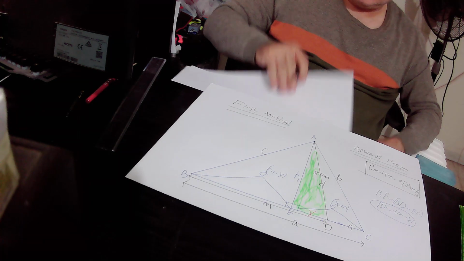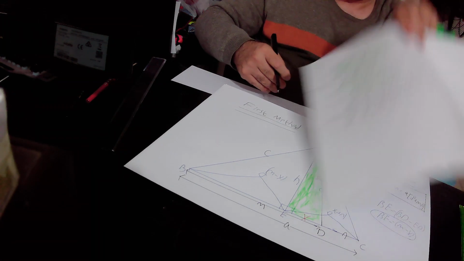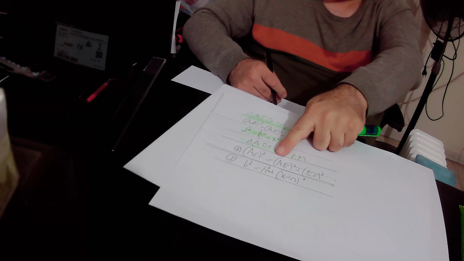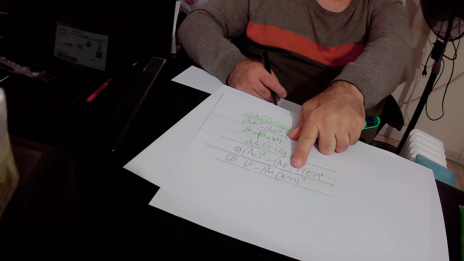In conclusion, according to equation number 1, we found out that b square equals h square plus (x plus n) square.